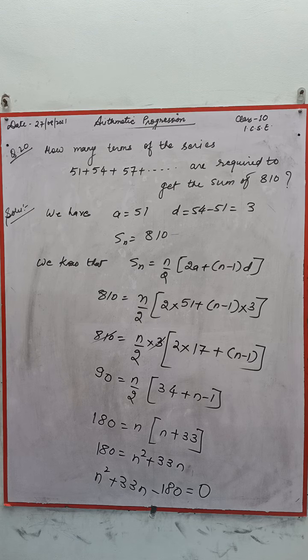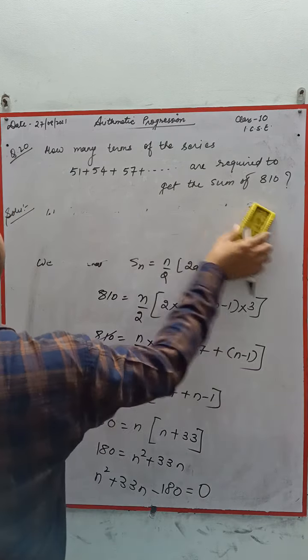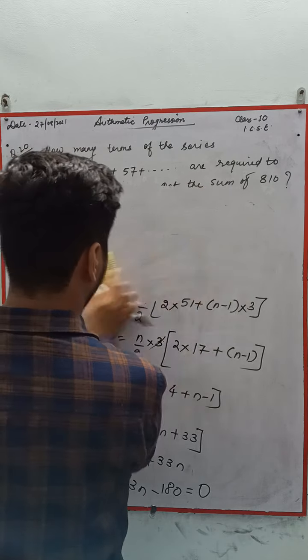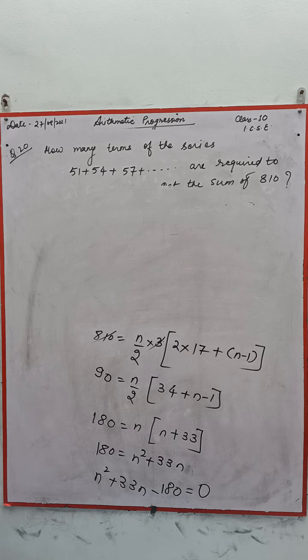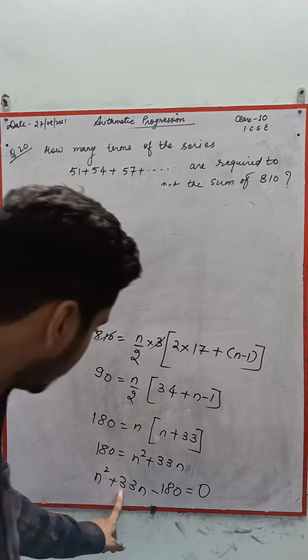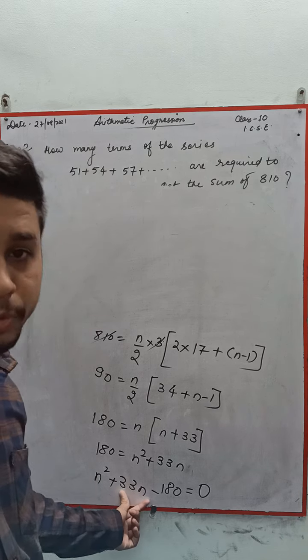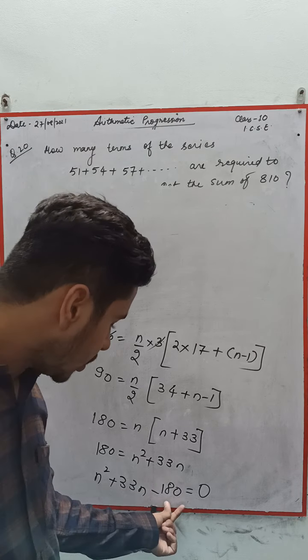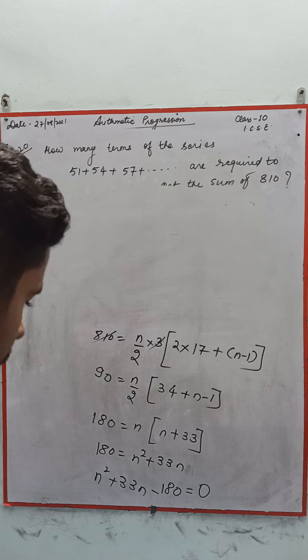What you apply is totally up to you. So how do you deal with factorization? If you use factorization, this 33 you have to split in such a way that you will get minus 180. So how can you do it?